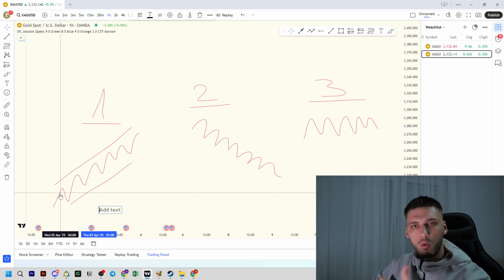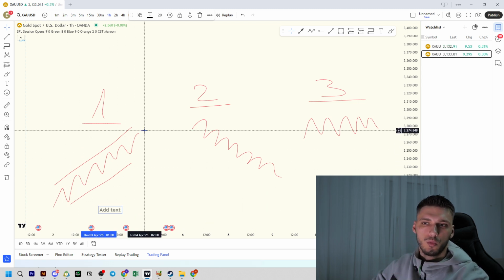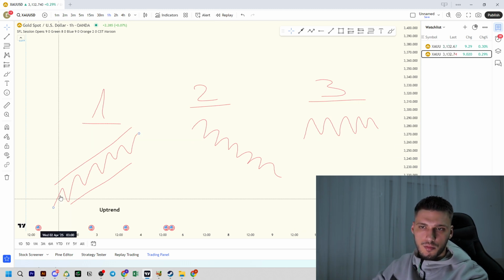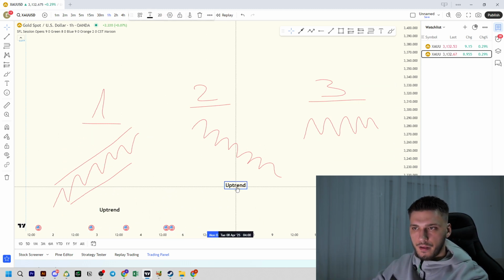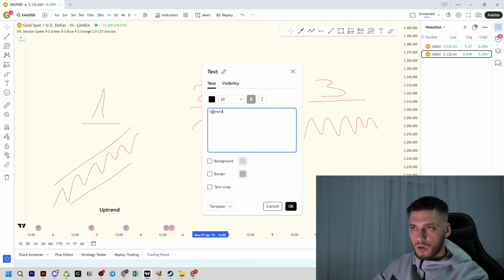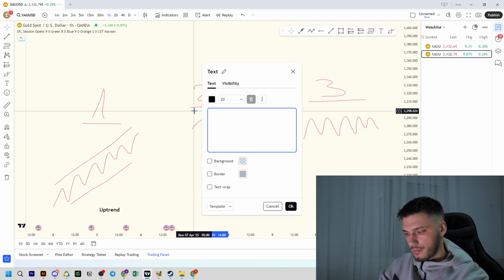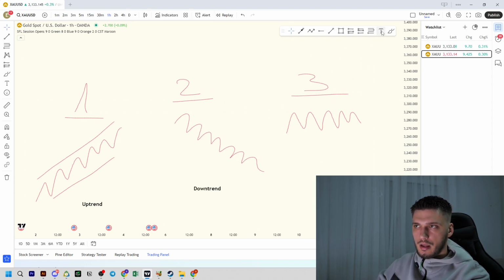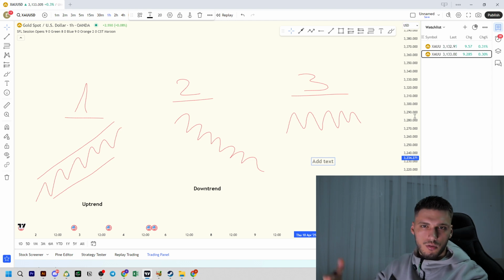Now, what is this? How can we call this move up? Market moved up here. We call this an uptrend because market trended higher. How do you think we would call this? This is called a downtrend. And the third one, it could be called different ways, like consolidation or range.